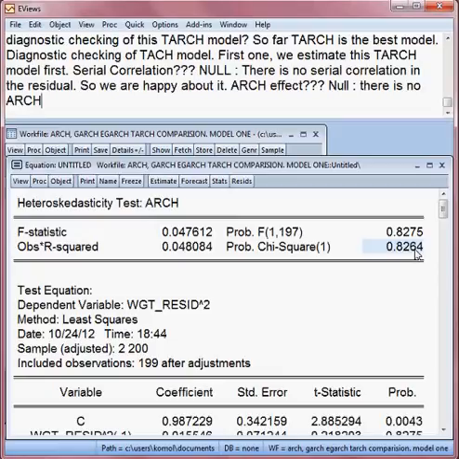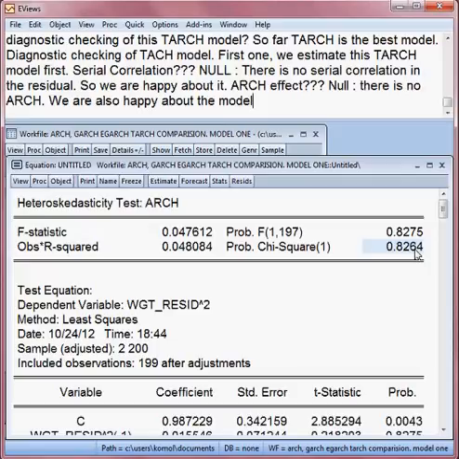So in this model there is no ARCH effect in the residual, and we are also happy about the model.